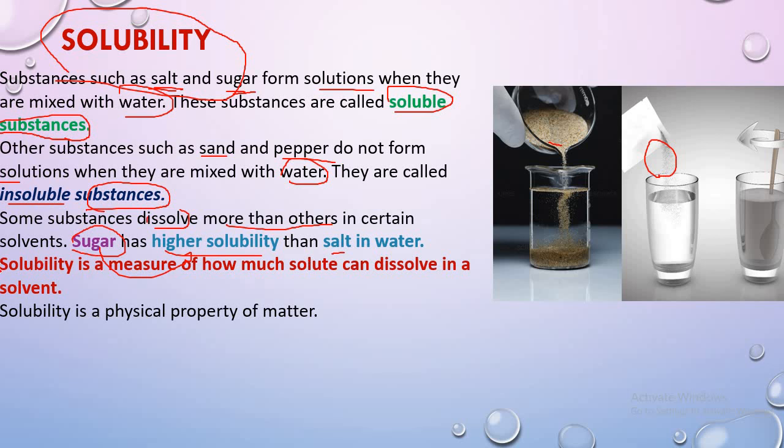So what is meant by solubility? Solubility is a measure of how much solute can dissolve in a solvent. A solute, like sugar or salt, is the substance that I want to dissolve.